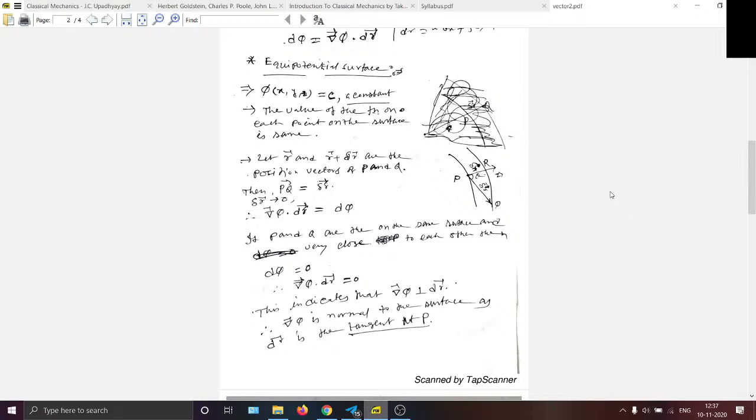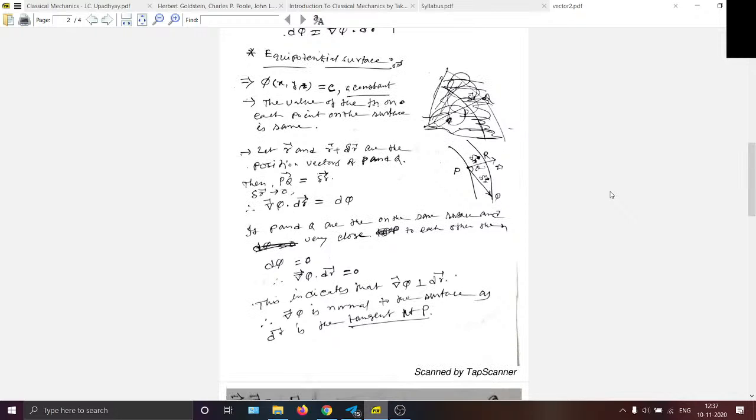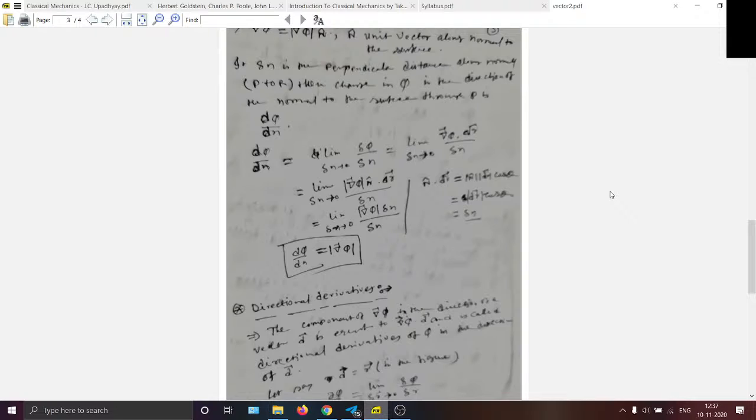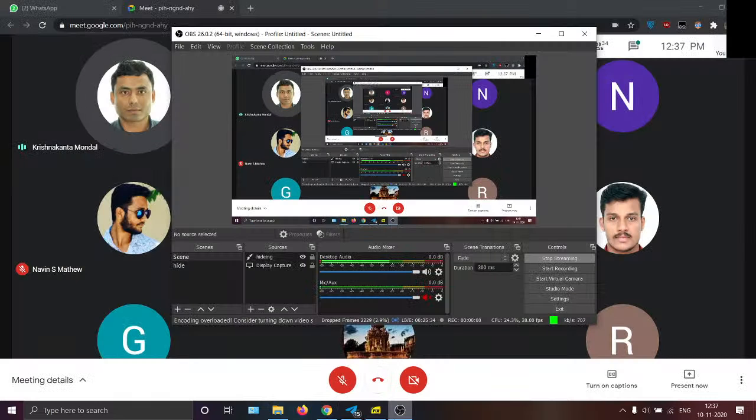If you want the change of your phi along r, that means del phi del r, you can use the same limit formula, limit delta r tends to 0 of delta phi by delta r, similar to the derivative.